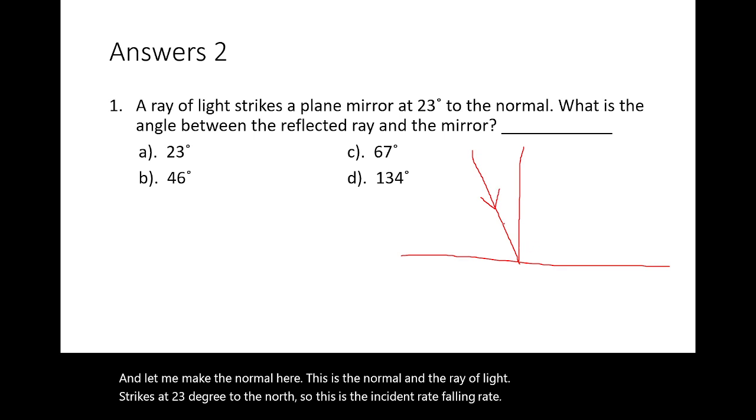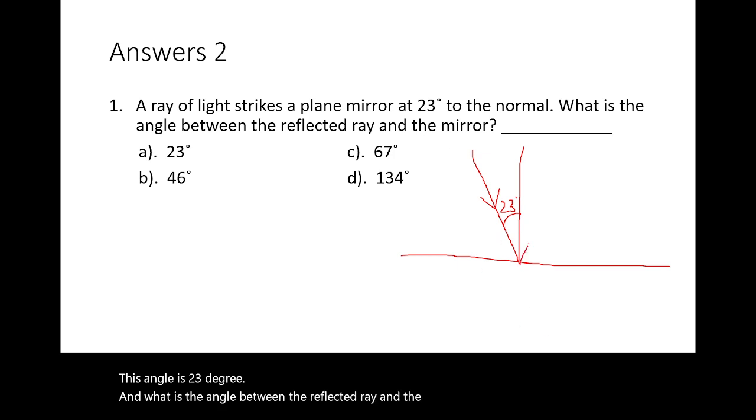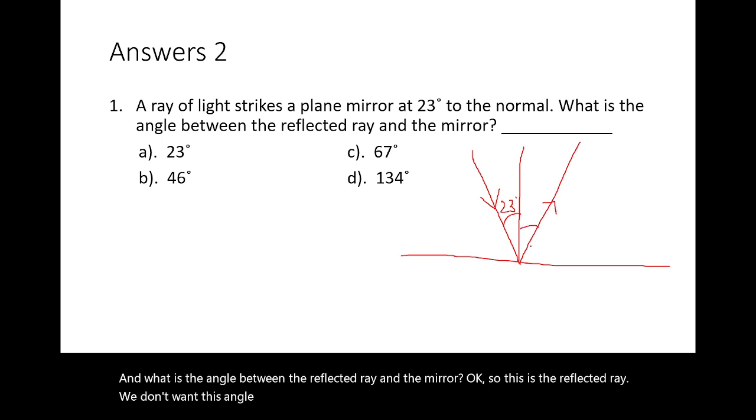Make the arrow sign. This angle is 23 degrees. And what is the angle between the reflected ray and the mirror? Okay, so this is the reflected ray. We don't want this angle in this question. We want this one.